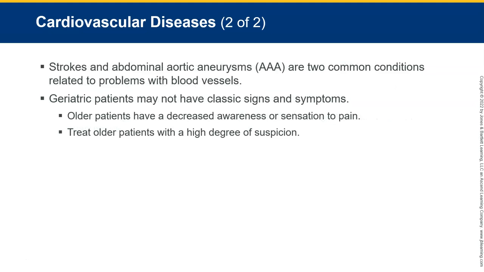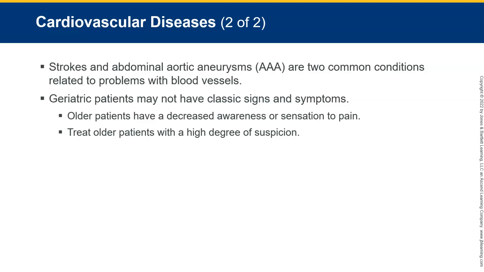Now, strokes and AAAs, or abdominal aortic aneurysms, are two common conditions related to problems within the blood vessels. Geriatric patients may not have classic signs and symptoms of medical conditions.